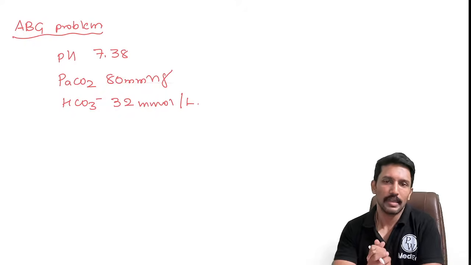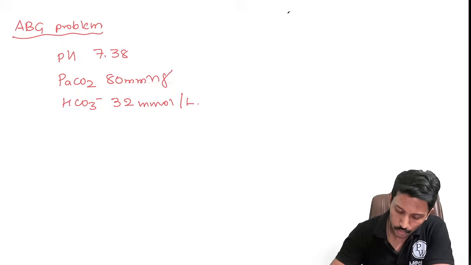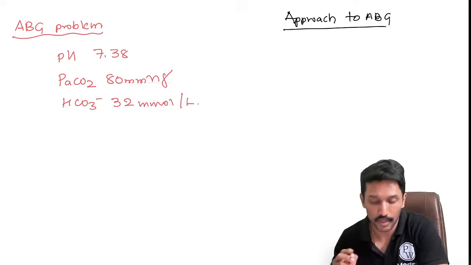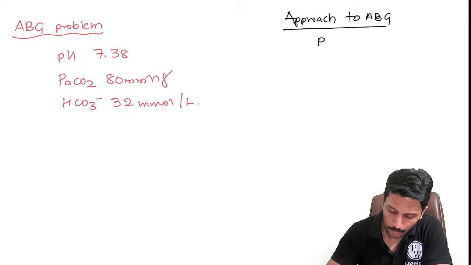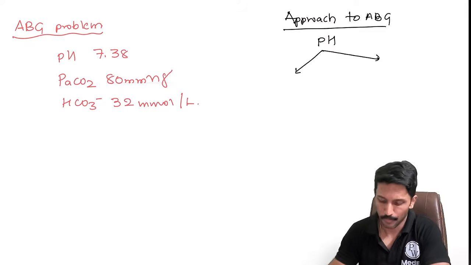Savasan, absolutely right. So I will give you an approach to ABG. Whenever we have to deal with such questions, the first thing you should see on any ABG-based question is the pH. Now pH can be in the normal range or outside the normal range.